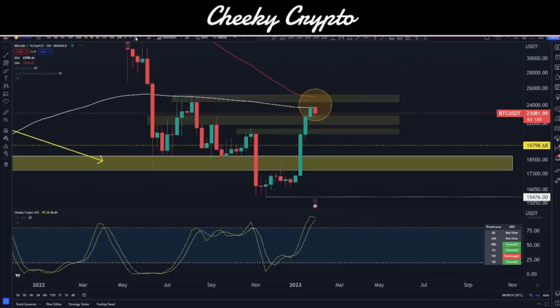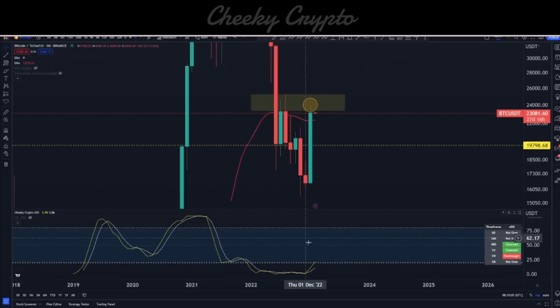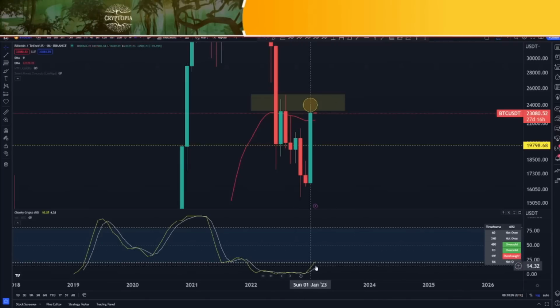Now, if I come up into the monthly, you can also see that this is an area of resistance right up here. Now, our monthly stochastic RSI has started to peak on up, and it's interesting. This isn't necessarily going to mean that we're in a bull market. It doesn't necessarily mean that we're going to be in a bear market or anything like that.